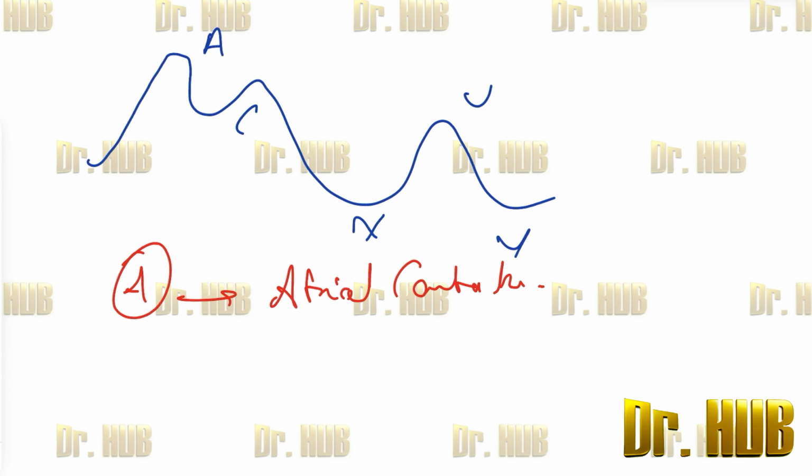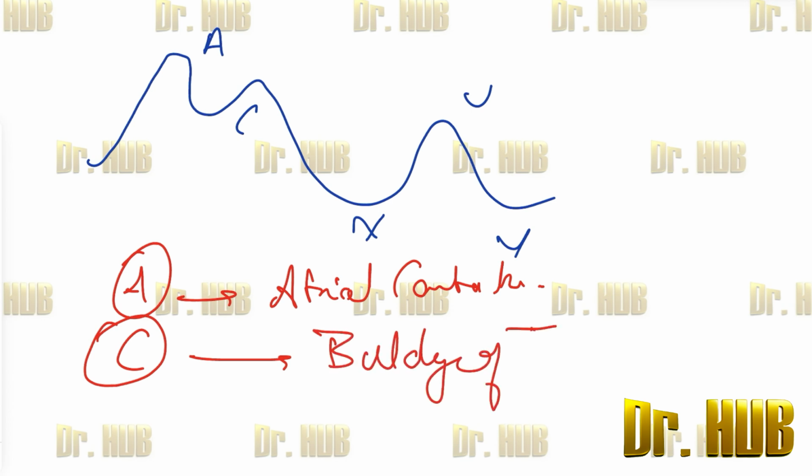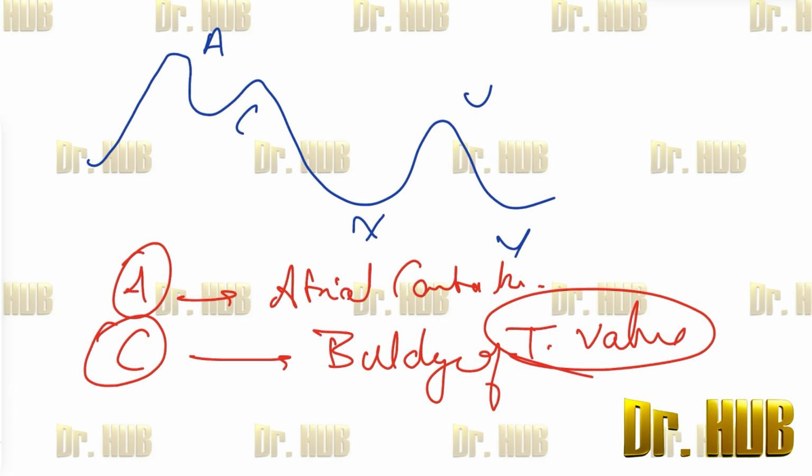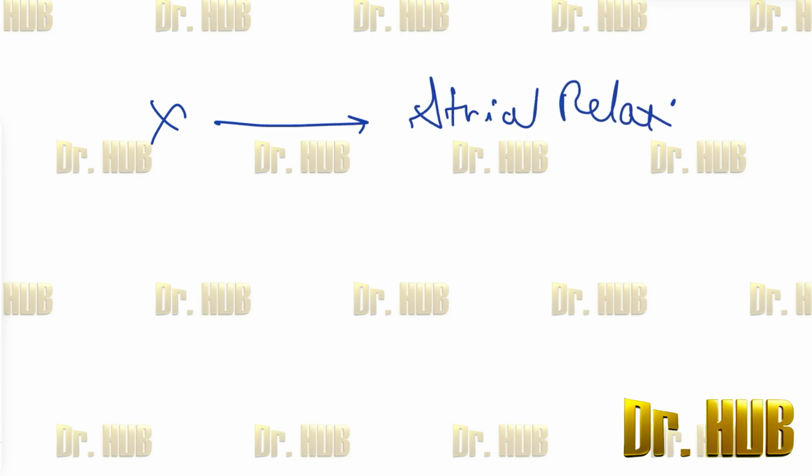Next is the C wave. The C wave stands for the bulging of the tricuspid valve. Then comes the X descent, which stands for atrial relaxation.